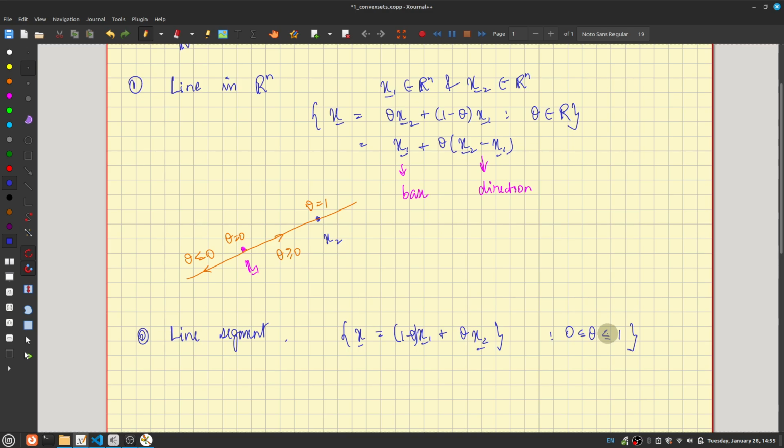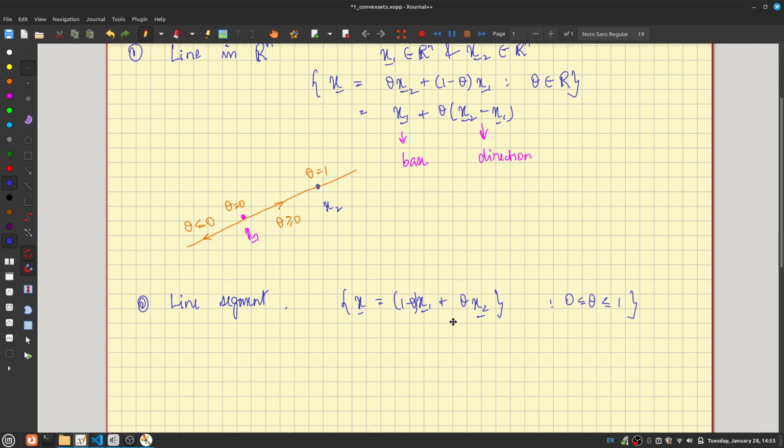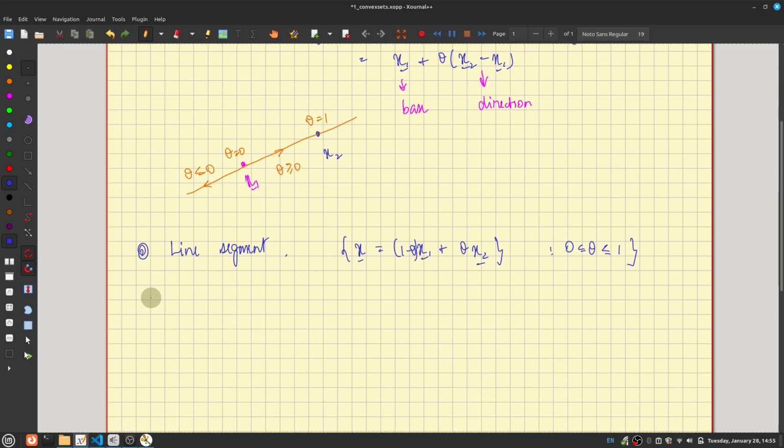If I take theta to be equal to 1, then I get x equal to x2. Right? So line segment joining x1, x2.